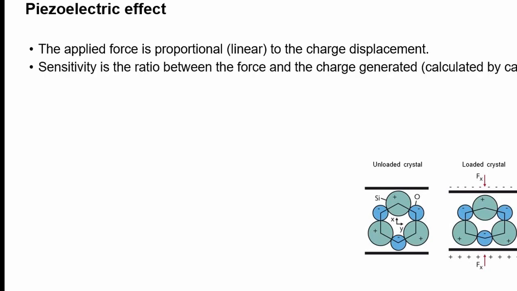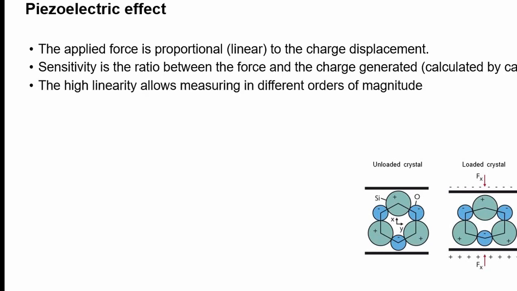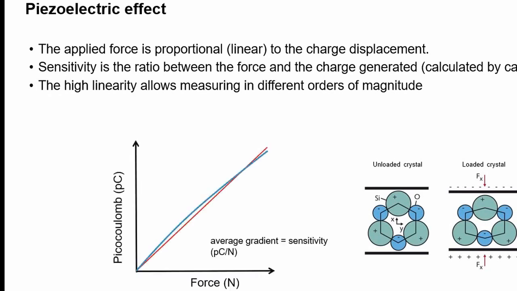So the ratio between the force that is applied and the charge that is generated is the sensitivity of a piezoelectric material. And it is very important that the relationship between this charge development and the force is very linear. This allows the piezoelectric dynamometers to be highly sensitive.